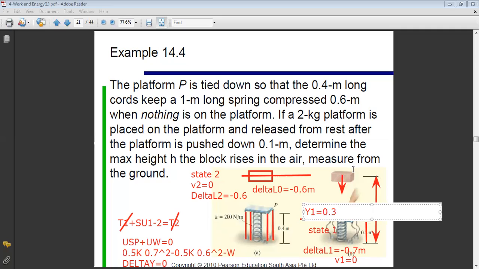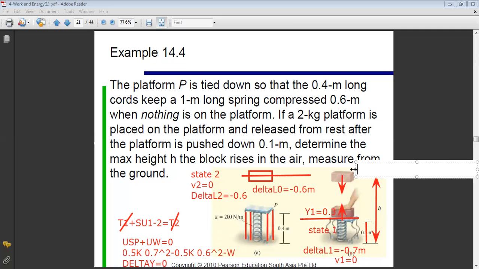And Y2, when I reach the maximum height, Y2 is equal to H. Okay, so I can replace in this equation delta Y by H minus 0.3. So delta Y is equal to Y2 minus Y1, equals H minus 0.3.